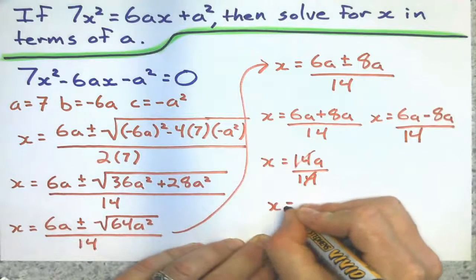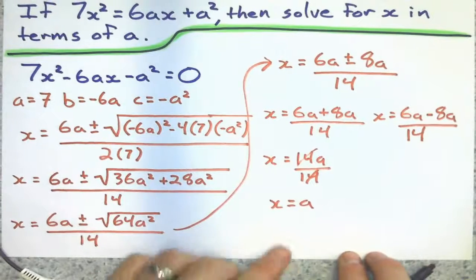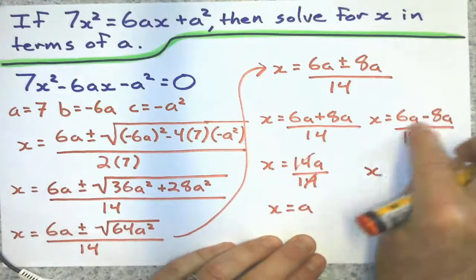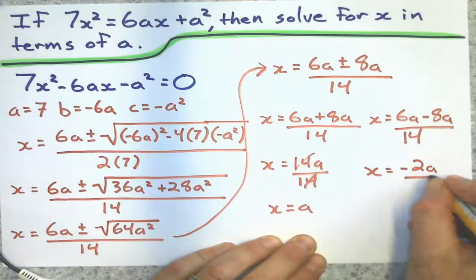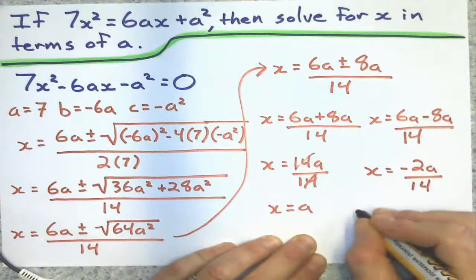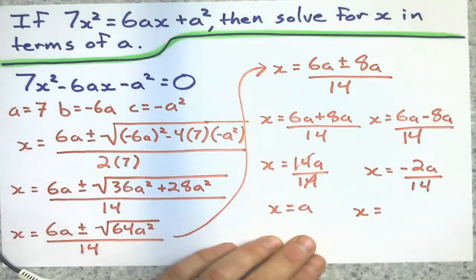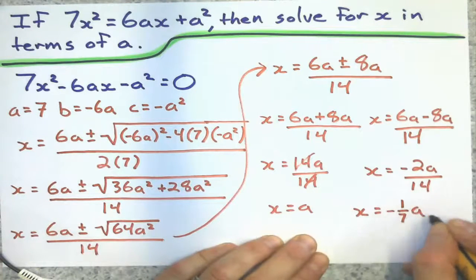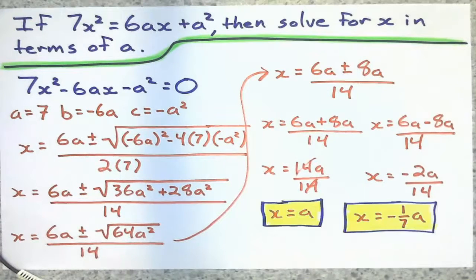Those cancel out, and I'm left with x equals a. Well, that's interesting. Okay, so they're the same number. And on my other solution, 6a minus 8a gives me negative 2a over 14. And I can simplify that coefficient and get negative 1/7a. My a looks like a 9, but it's not.